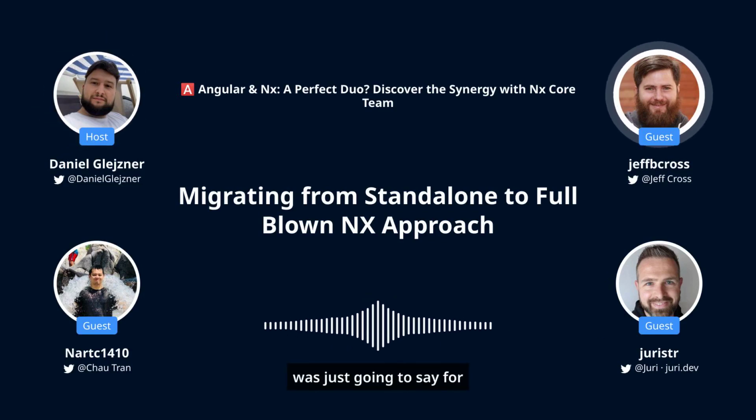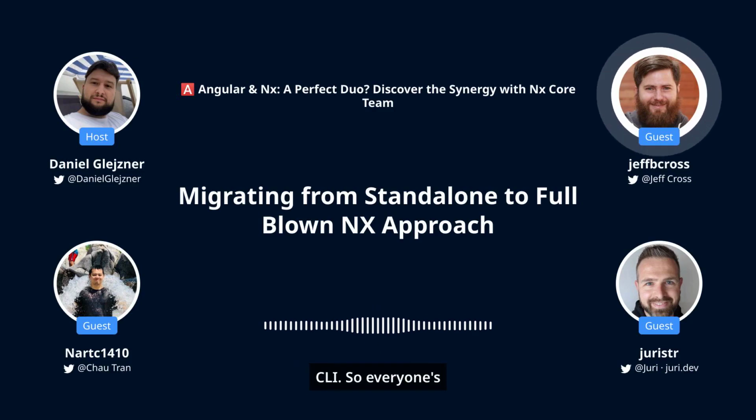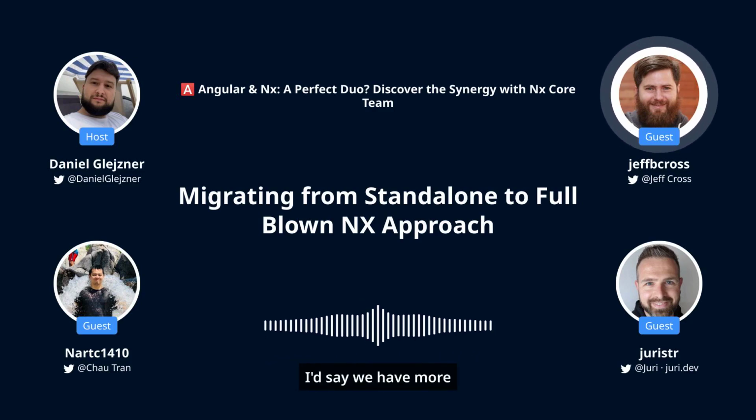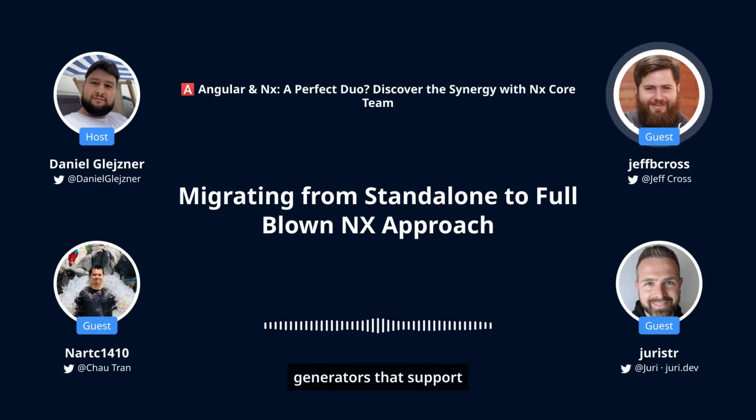Yeah, I was just going to say for this guy, we're probably comparing the delta of NX and Angular CLI. So everyone's already got generators and things like that. I'd say we have more generators that support more tools, like more testing tools out of the box that could be useful. But the pains we solve get bigger as the project gets bigger.